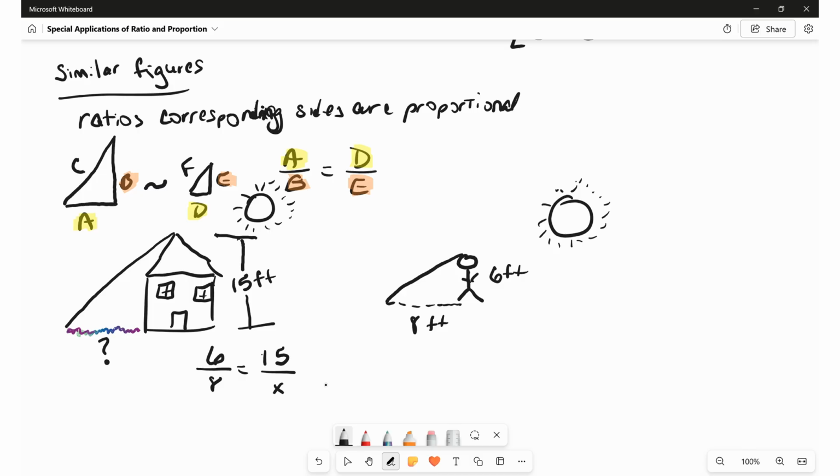So now when we multiply this through, we're going to get that 6x is equal to 120. And then that's going to give us that x. So we need to go out with this shade grass seed about 20 feet away from the house. Okay. All right.